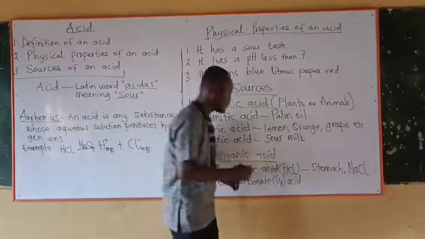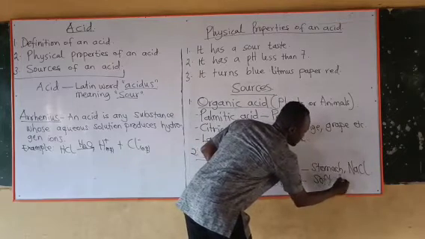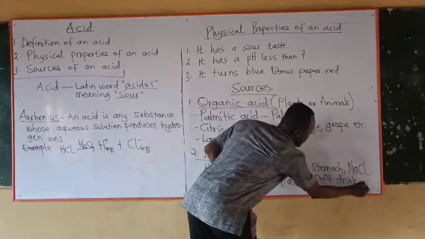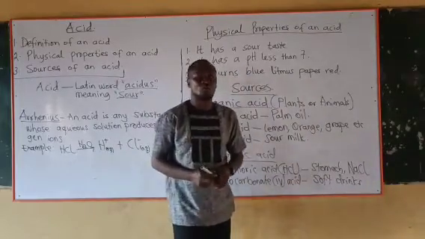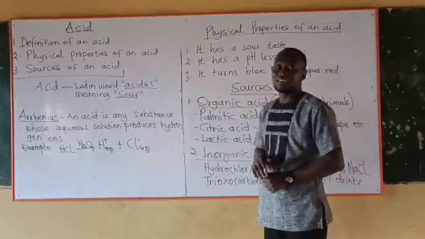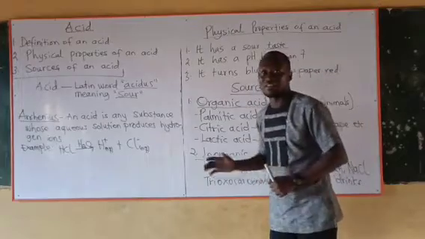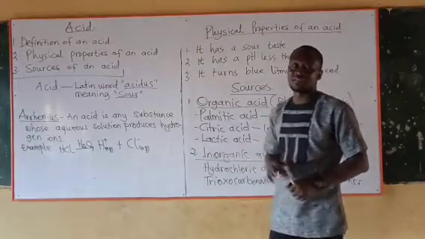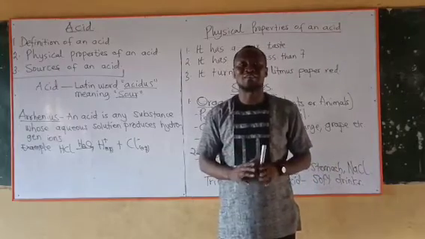Soft drinks. Or sometimes fizzy drinks. So we have been able to discuss the definition of an acid, the physical properties of an acid, and we have now also discussed the sources of an acid. And I believe you have enjoyed the lesson. Thank you.